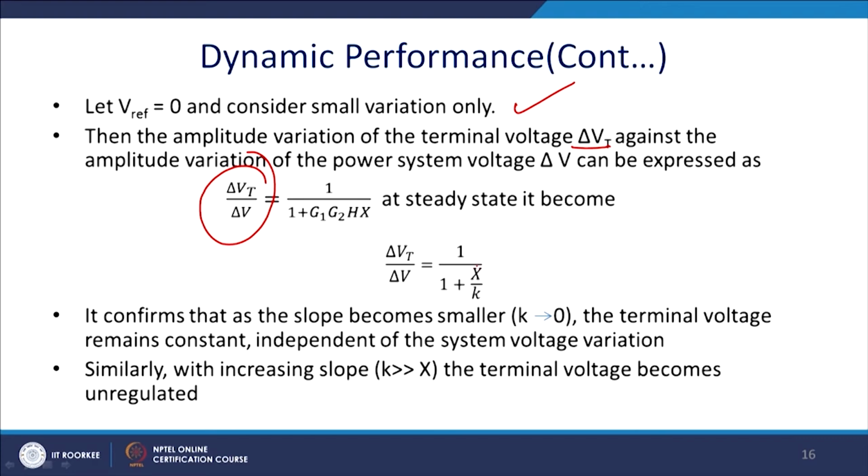This confirms that the slope becomes smaller if k becomes large. The terminal voltage remains constant independent of the system variation. Similarly with the increasing k slope, the terminal voltage becomes unregulated. So, we require to keep this dynamic performance in mind.